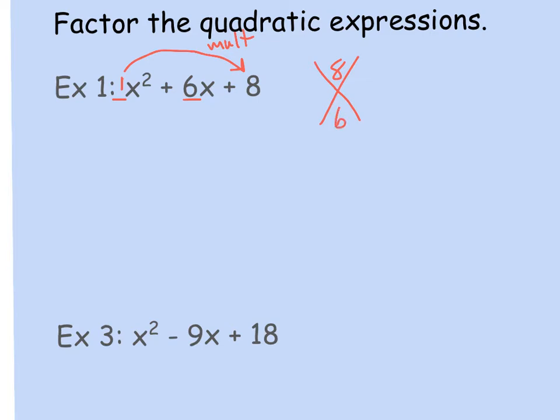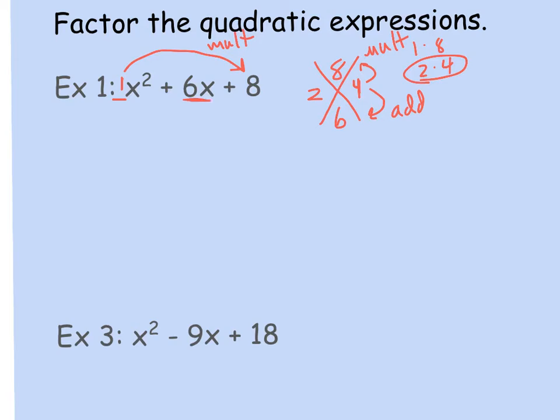And I'll show you how that works in a minute. So factors of 8, you could have 1 times 8, 2 times 4, and that's pretty much it. Now, the two factors of 8 that'll add up to 6 are 2 and 4. So I'm going to put a 2 here and a 4 here. Now the significance, once again, they multiply to get 8, but they add up to get 6.